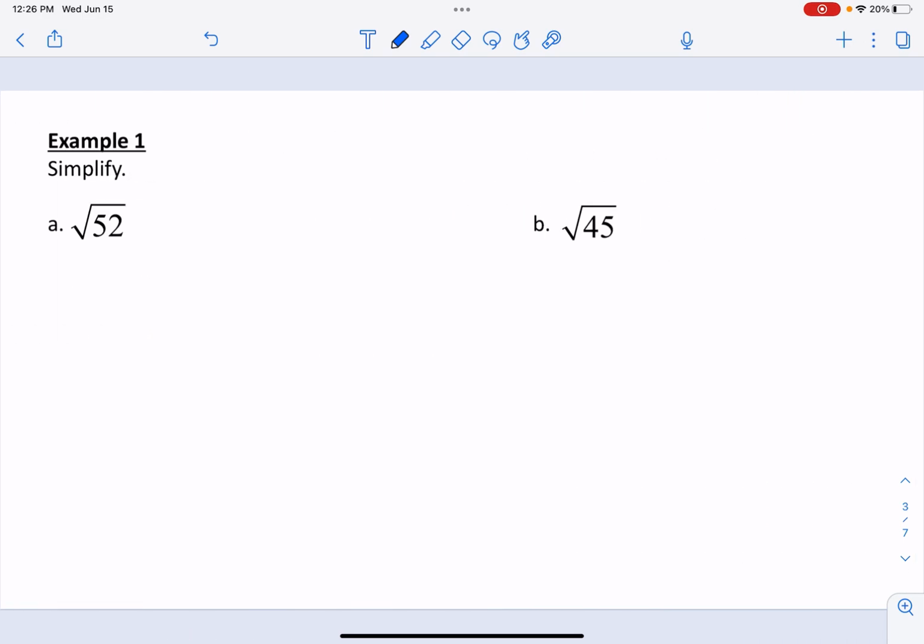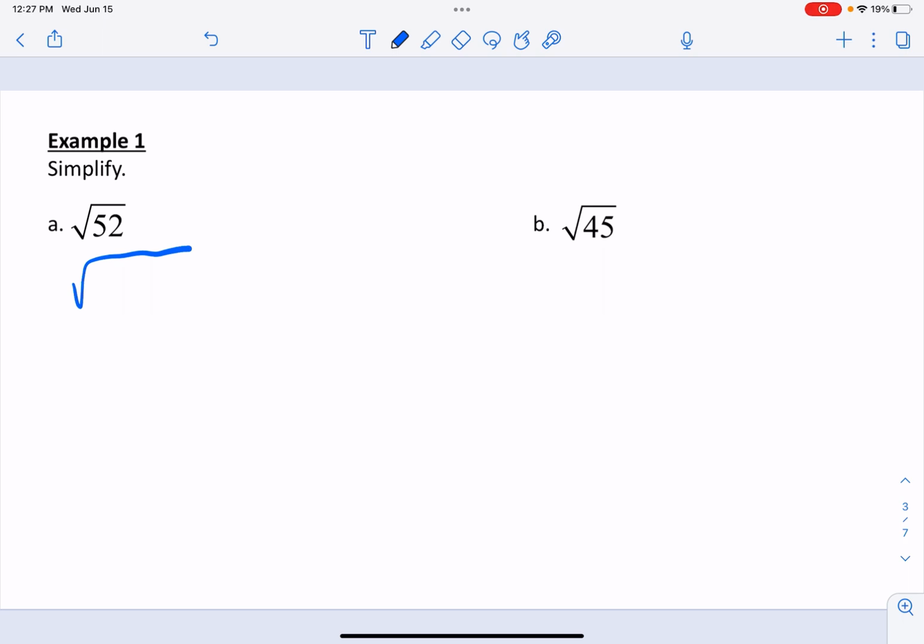Okay, so splitting up these radicals. What you want to look at is you want to try and break radical 52 up into a perfect square times another number. And it's always best to try and pick your biggest perfect square.